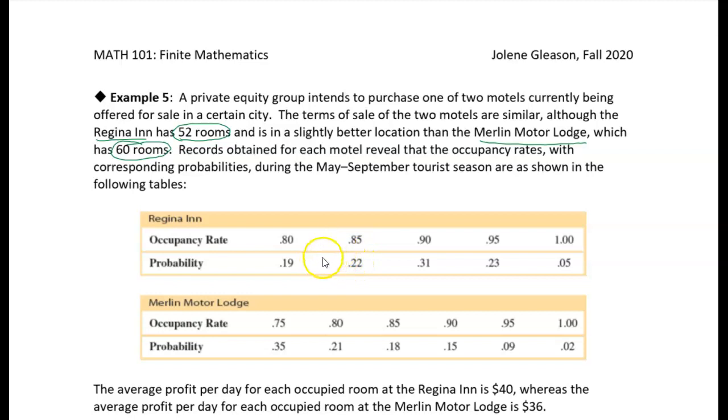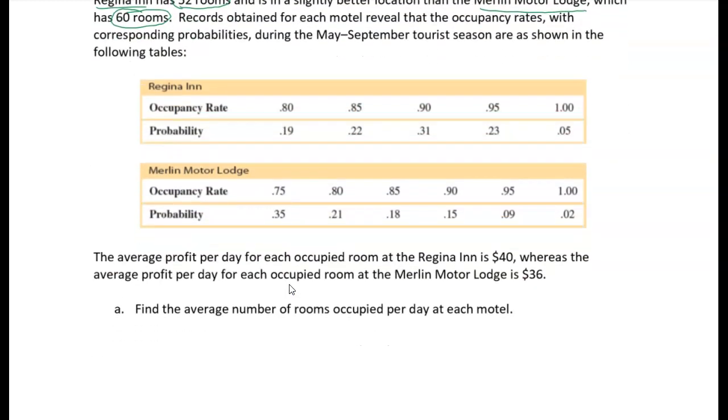We're also told down here that the average profit per day for each occupied room for the Regina Inn is $40. For the Merlin Motor Lodge, it is $36. So you're making a little more profit off of the Regina Inn on a per room basis. So we want to figure out what is the best deal here?